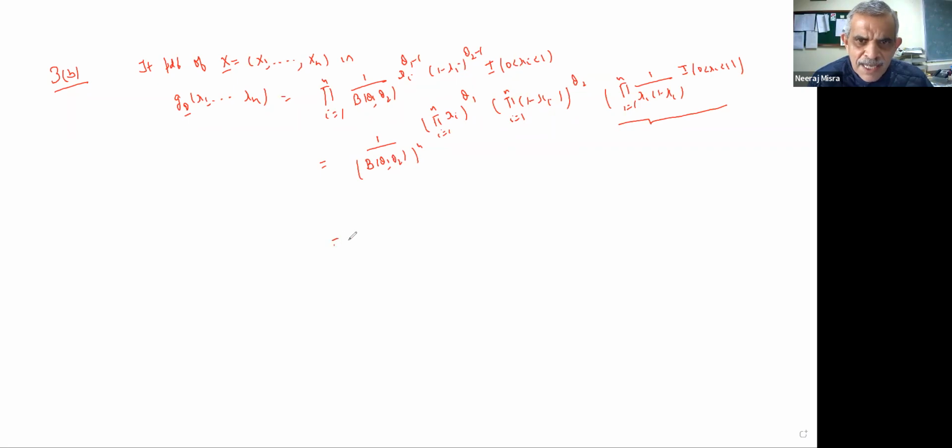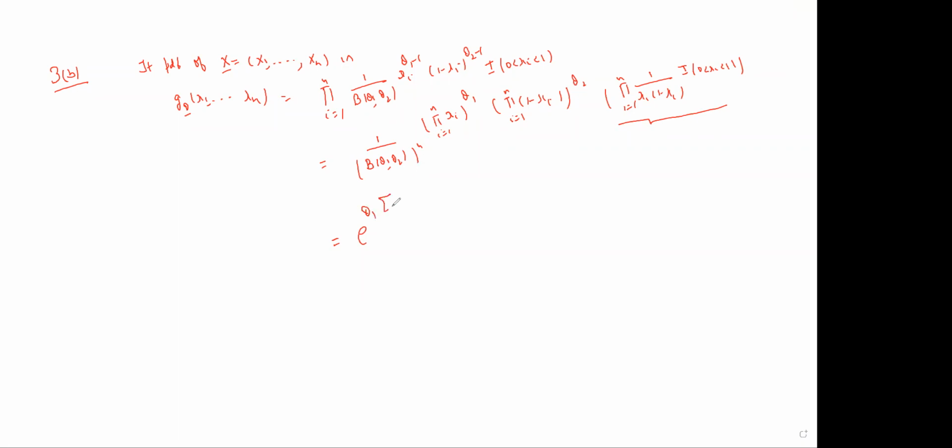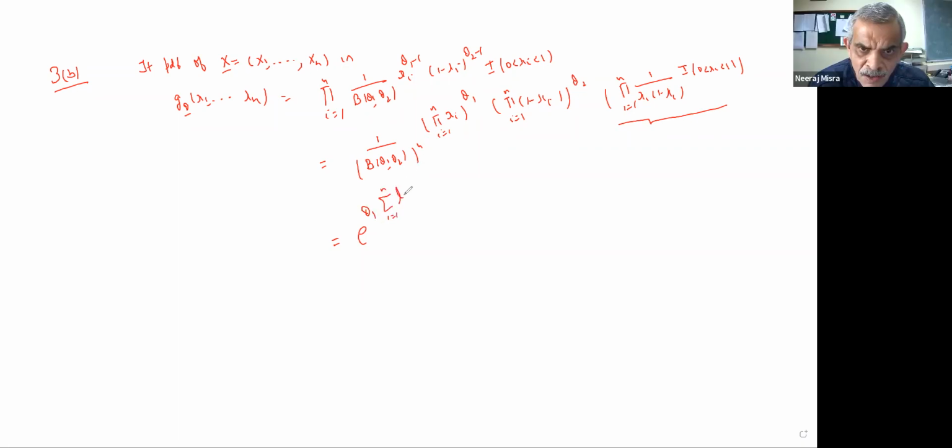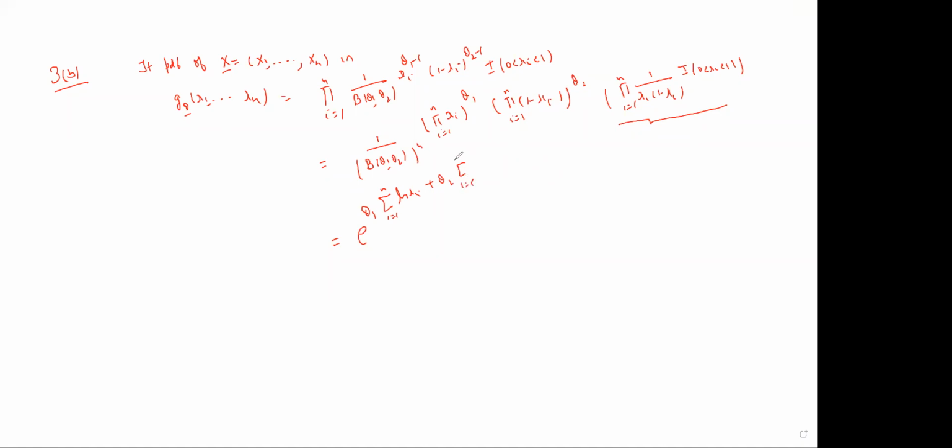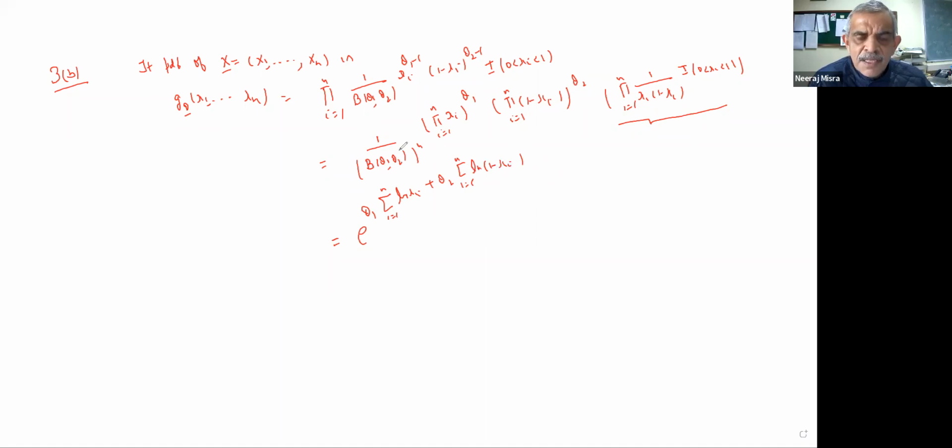So this can be written as e to the power... I want to write everything in terms of exponential. So it is e to the power log of this, but log of this is the same as theta 1 times the summation i equals 1 to n of log of xi, plus theta 2 times the summation i equals 1 to n of log of (1 minus xi), then minus n log Beta(theta 1, theta 2).